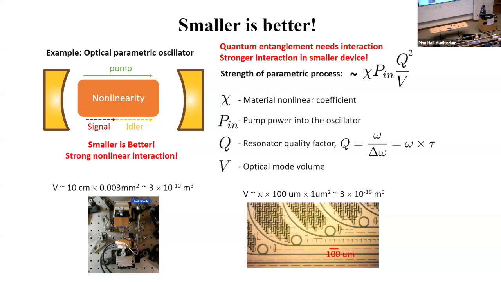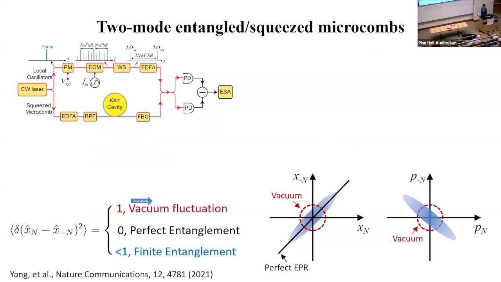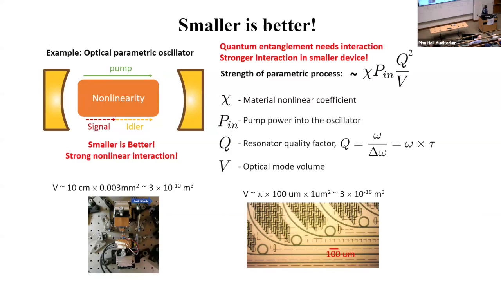Okay, so far we haven't found any deal breaker for making things small. What's the sacrifice? Hopefully we never find any. But yeah, with these small resonators, what we did.